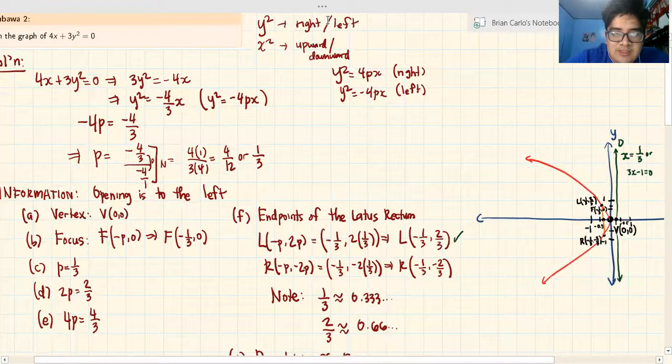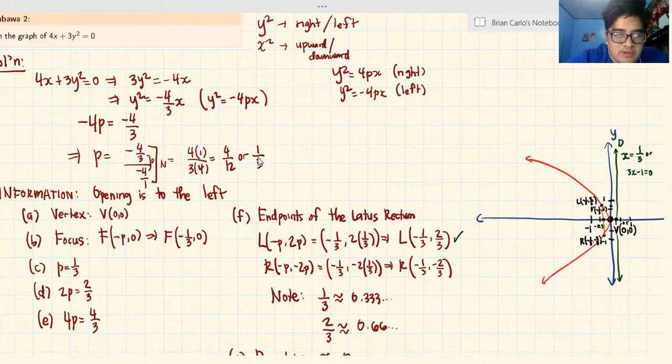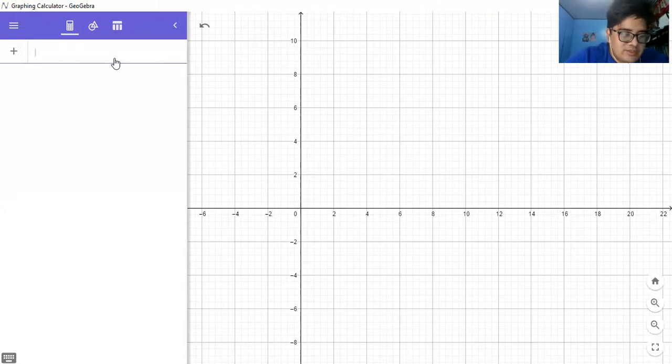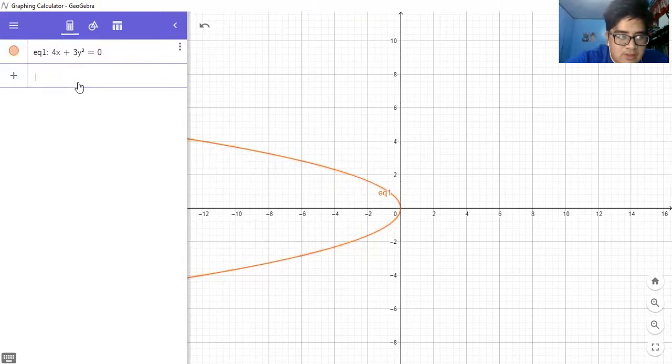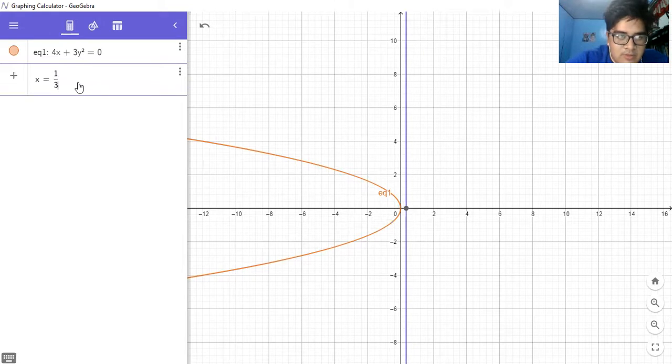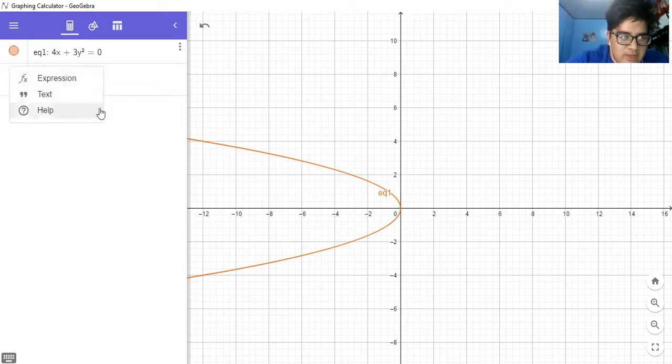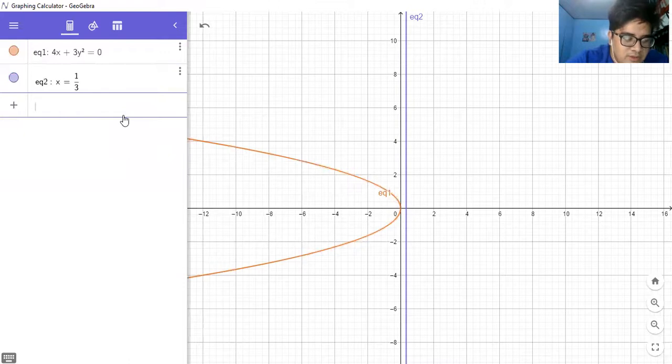Ngayon, let's head on to yung medyo maayos na illustration. Yung makikita natin is yung nasa GeoGebra. Ayan, let's go to GeoGebra, our savior, the best graph in town. Ayan, 4x plus 3y squared is equal to 0. Diba? Nakikita nyo yan. Okay? Ngayon, let's say we have yung equation ng directrix x is equal to 1/3. Sunod, ilagay natin yung focus na (negative 1/3, 0).